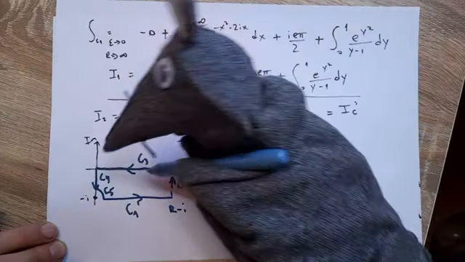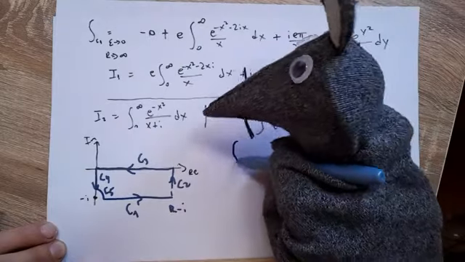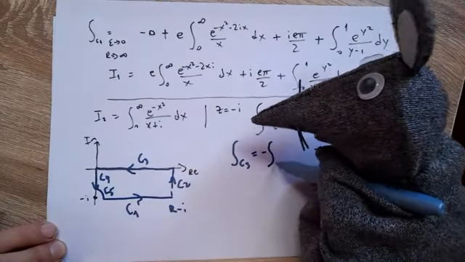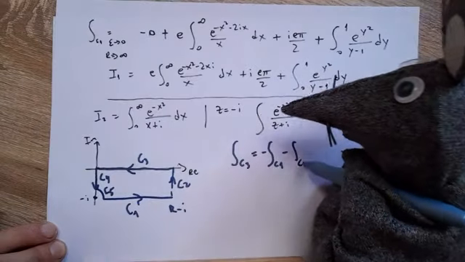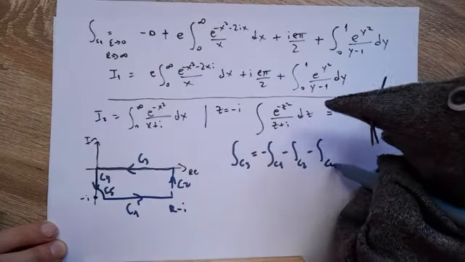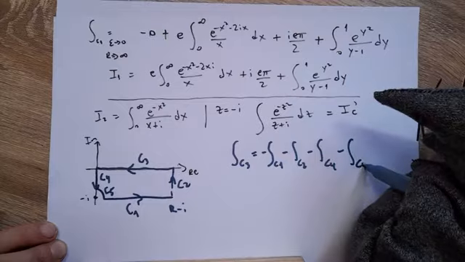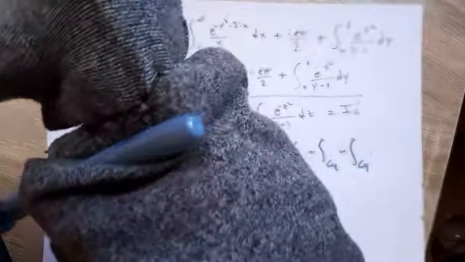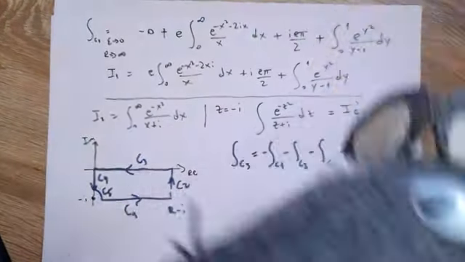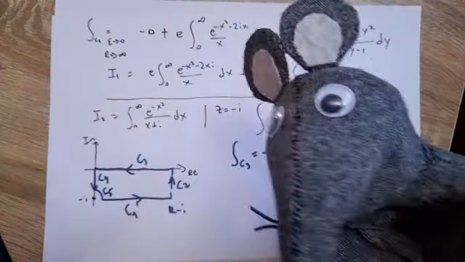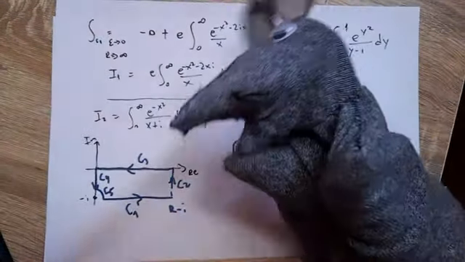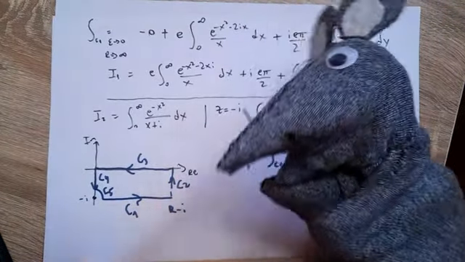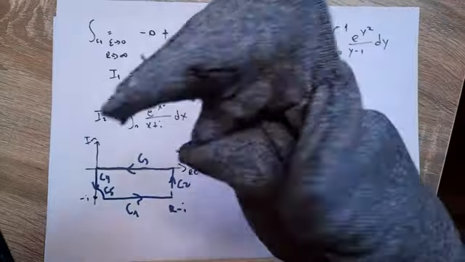So we will be able to get the integral on C3 as minus the integral on C1, minus the integral on C2, minus the integral on C4, minus the integral on C5. If we repeat the same procedure, we can do it, but we will not do it here. It's the same, so you can do it at home. Then you get the following.